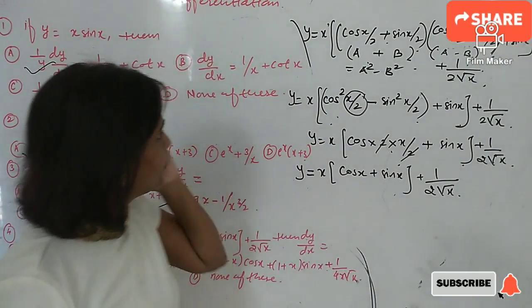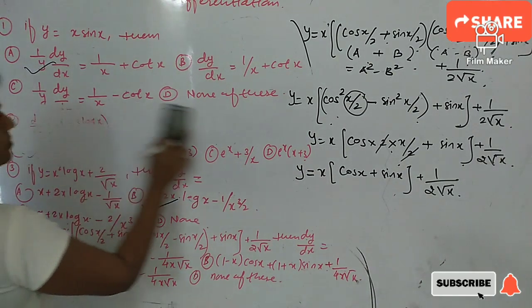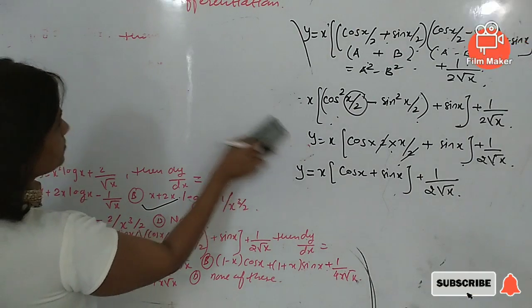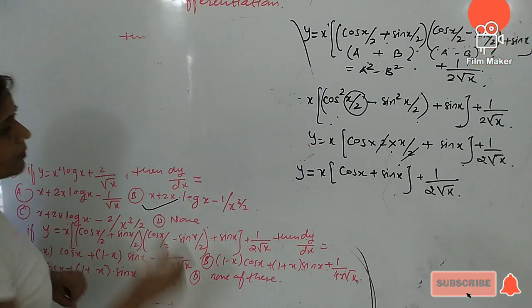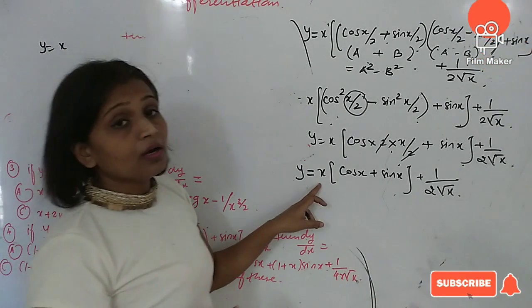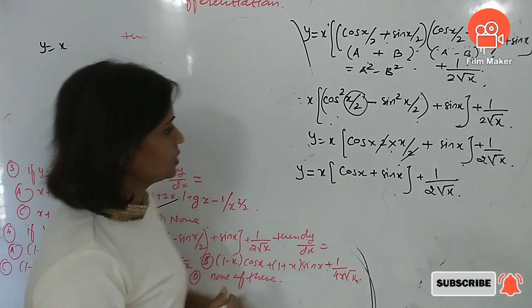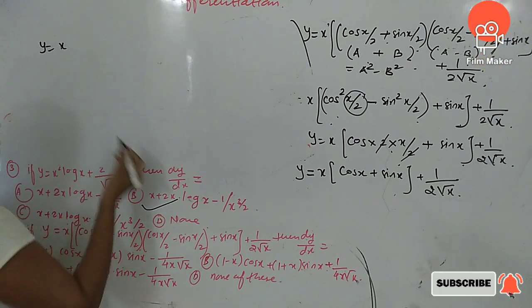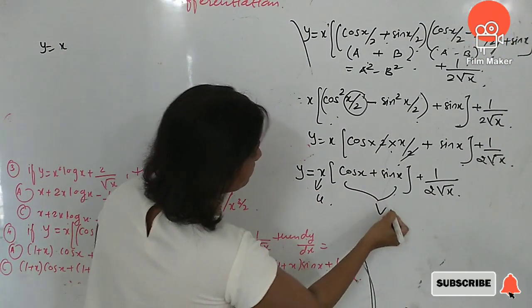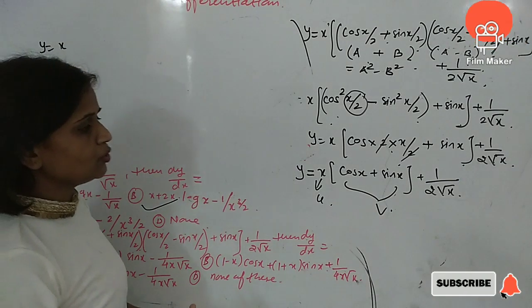Now you can differentiate. Okay, so differentiate this. So y is equal to, first I am multiplying by x, or you can apply the u into v rule. This is the u value and this whole value is the v value. Okay, so you can also apply the u into v.